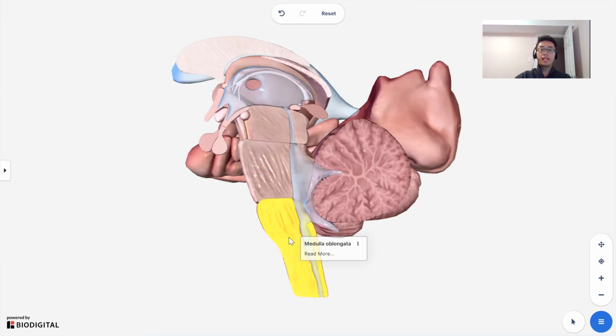In the medulla oblongata, while we're talking about it, there are several reflex centers involving cranial nerves. So your coughing reflex, like if you have something stuck in your throat and you want to cough, that's located in the medulla oblongata. There is the respiratory center, the vomiting reflex, the swallowing reflex, all those things are found in the medulla oblongata.